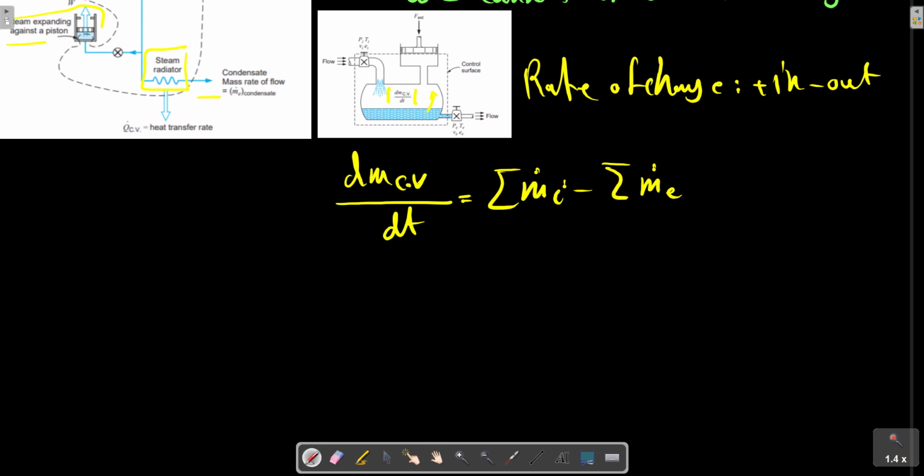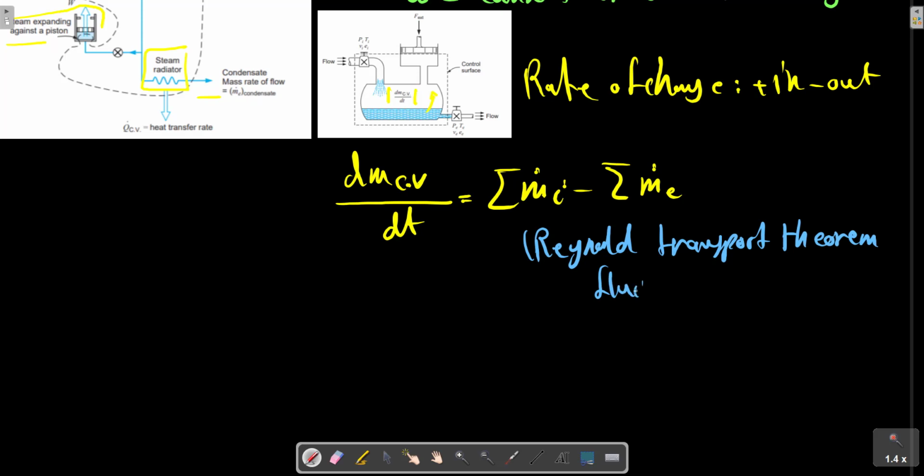You can also obtain this relation with the Reynolds transport theorem in fluid mechanics. The fluid mechanics course is also available on the channel.